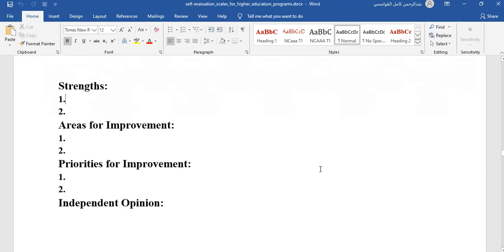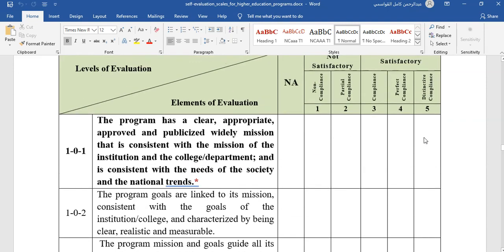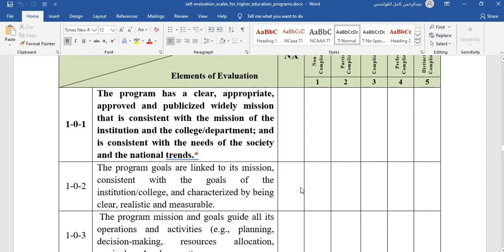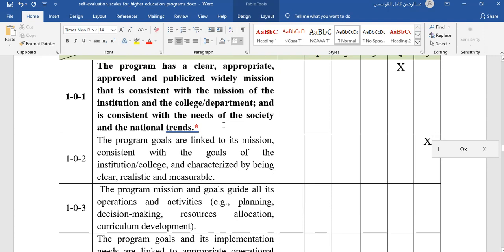The strengths should be taken from items where you give 4 and 5. For example, you put 4 here and 5 here, which means you have a strength in the program. Your program has a clear, appropriate, approved, and publicized mission. So you have this strength.